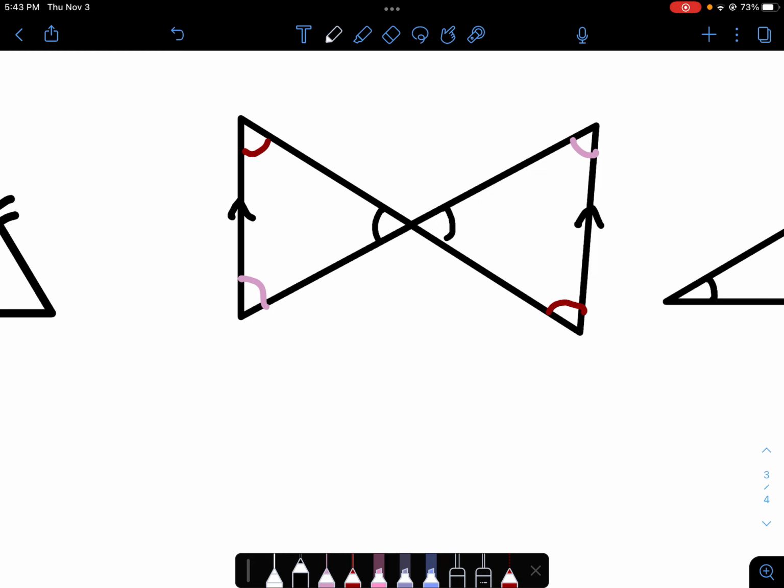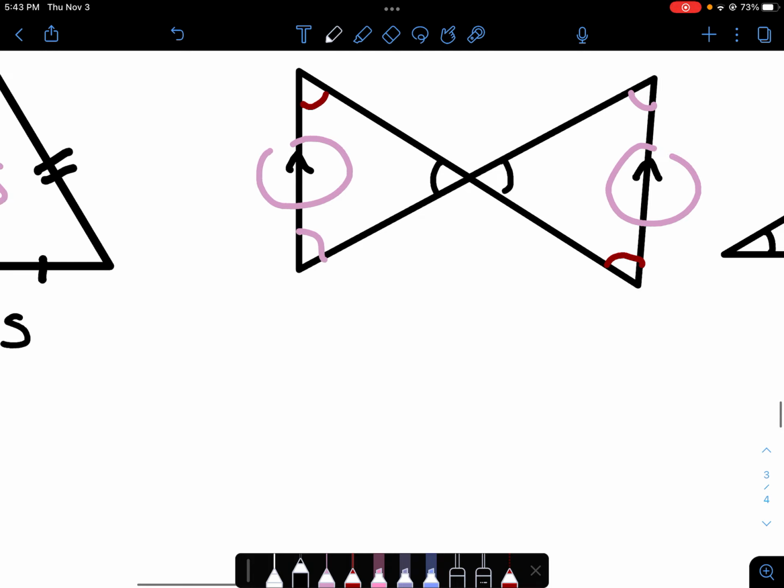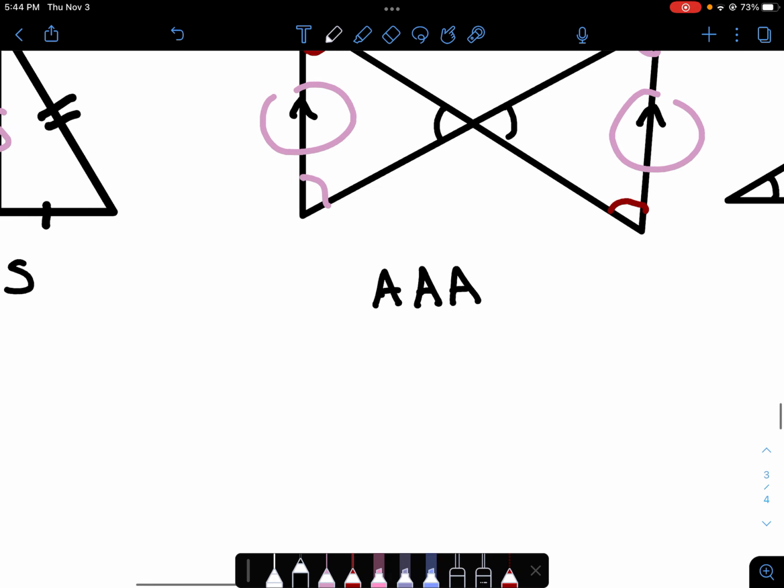But just because these two sides are parallel doesn't make them equal. So we only know that it's angle, angle, angle. But angle, angle, angle is not a rule. So what rule do we use? We don't use one.